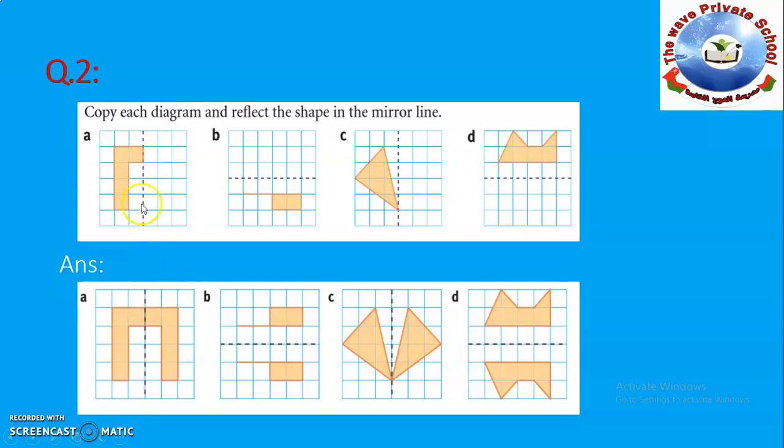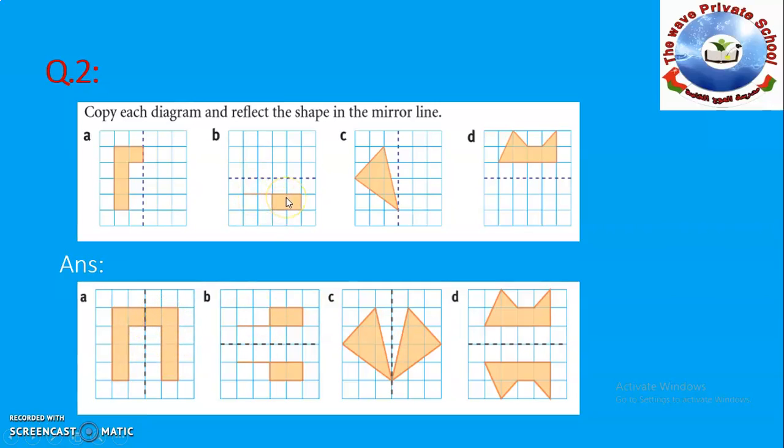As you can see here, this is 2 blocks, the object covers 2 blocks, and if we are going down, then it moves 1 block away. So its image will be the same. Here it covers 2 blocks, and when we go downside, then it will be 1 block away from the mirror line. So this will be the image of the object.